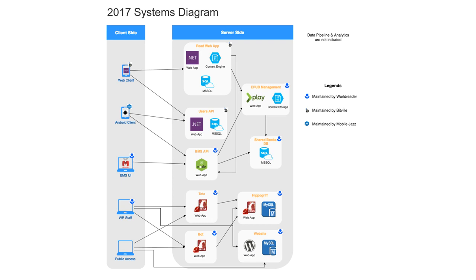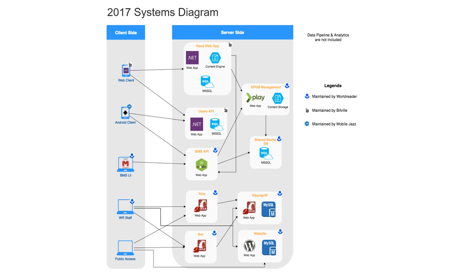Only for web, okay, because when you say mobile device, go ahead. Yeah, and then the Android client communicates directly to the BMS API without passing through the read web app. Got it. And then the read web app, behind the scenes, communicates with the BMS.